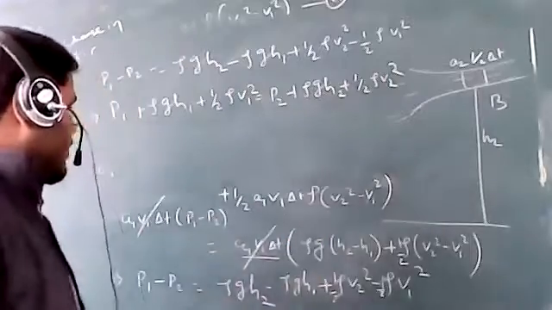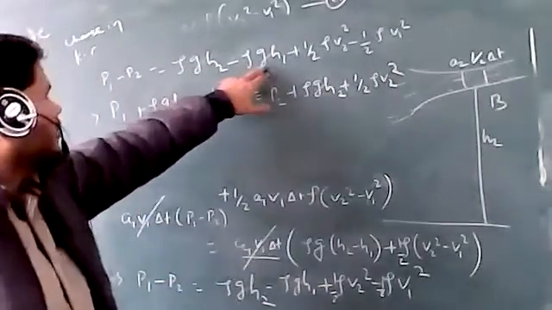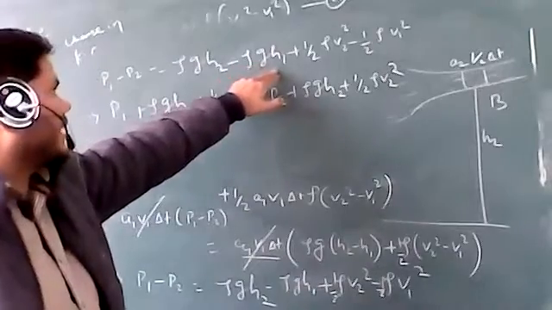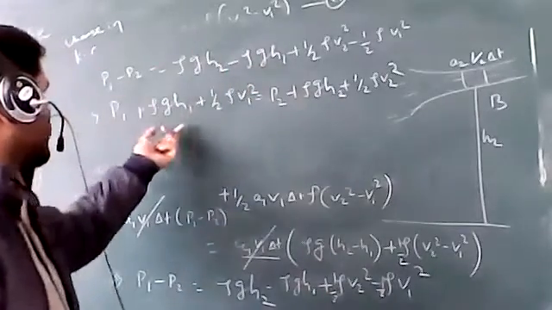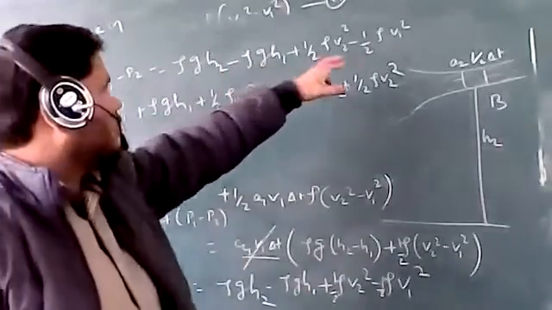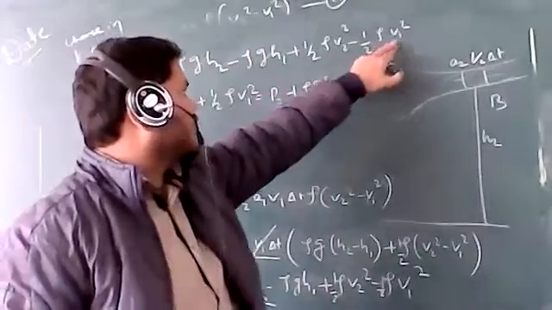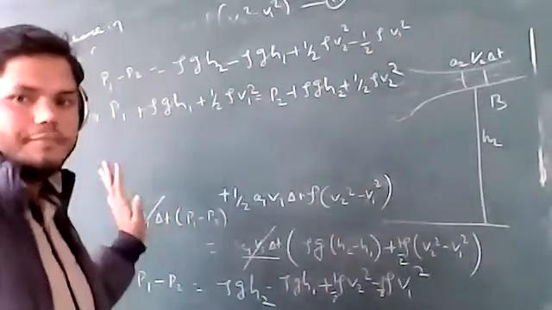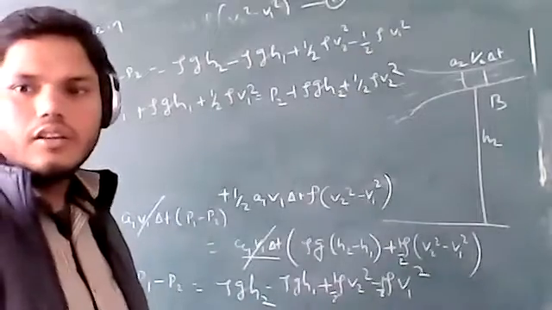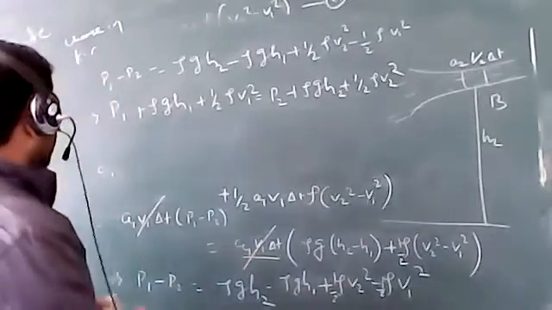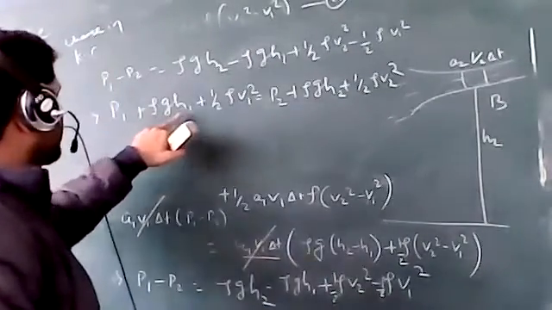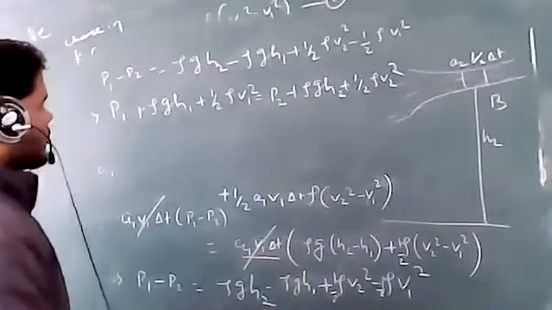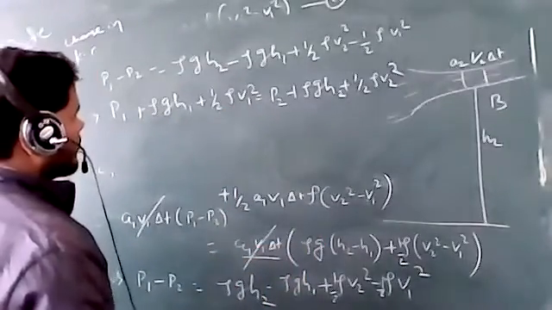Okay, what I have done is taken the negative terms: rho GH1 is negative, so if you take it to the left side, it will also be positive. Then one more negative term is there, half rho V1 square, so if you take it to the left side, it will also be positive. So P1 plus rho GH1 plus half rho V1 square equal to P2 plus rho GH2 plus half rho V2 square.